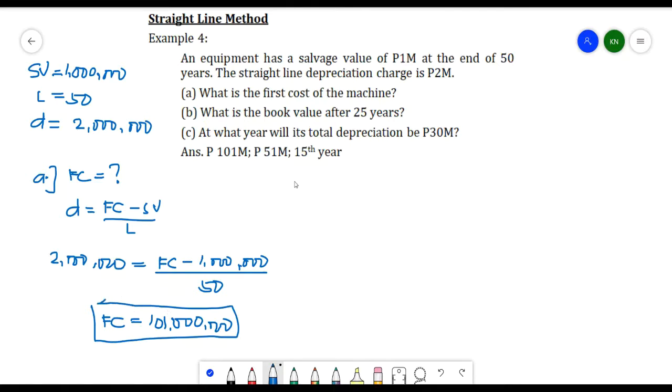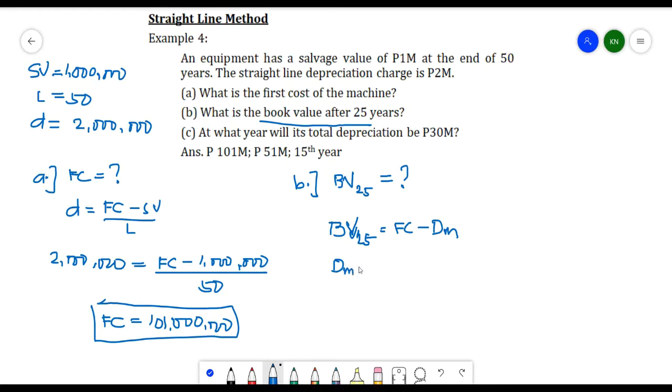Next is letter B. What is the book value after 25 years? So we are looking for the BV at 25. And what is the formula of our BV? BVM, or BV25, is equivalent to FC minus DM. But we don't know the value of our DM, so we need to solve for that first.